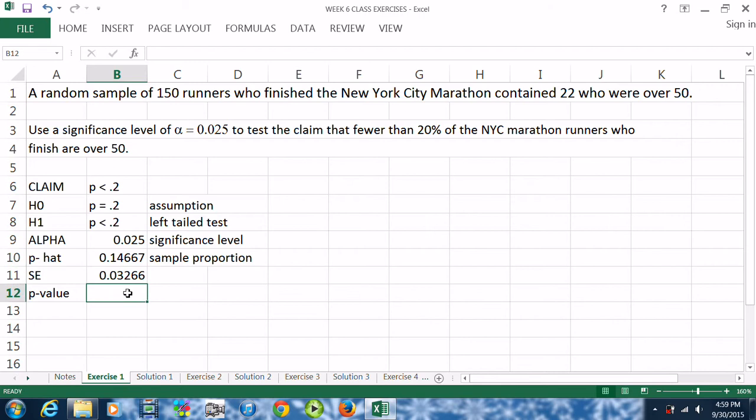So we are looking at the probability that any random sample value, we'll just call it x, is less than 0.1467. So the probability of being in the tail, where the tail is defined by our sample proportion p-hat. Since this is in the left tail, we're just doing a regular norm dist.